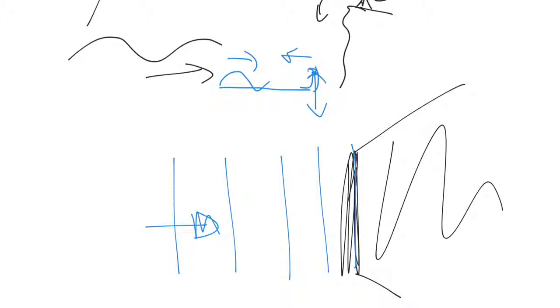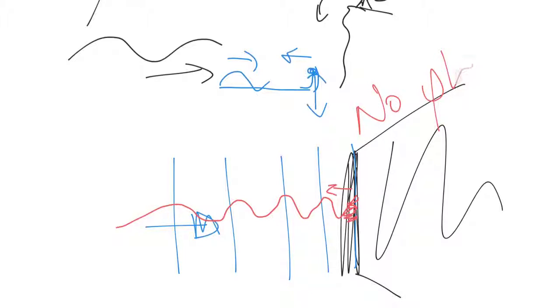So that positive amplitude on the water is represented, if we kind of do a side view. Here's peaks, peaks, peaks. If a peak hits the wall, there's nowhere for all that water to go that's under that peak, so it actually has to maintain that peak upon reflection. So with water waves, there is no phase change.